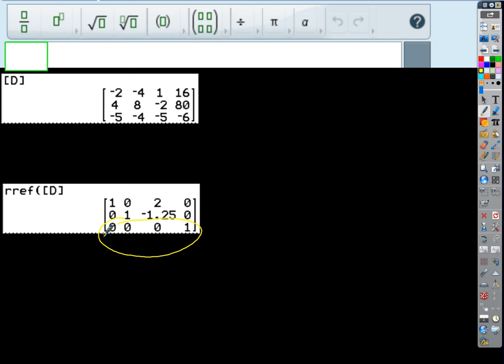No solution. It's telling me 0 equals 1. So it's not a case where they all intersect in a single point. Now, we can go further into this, and we're running out of time today, but if I look at these top 2 rows, they'll actually tell me more information about what kind of no solution it is. But that's probably more than we have time for today.